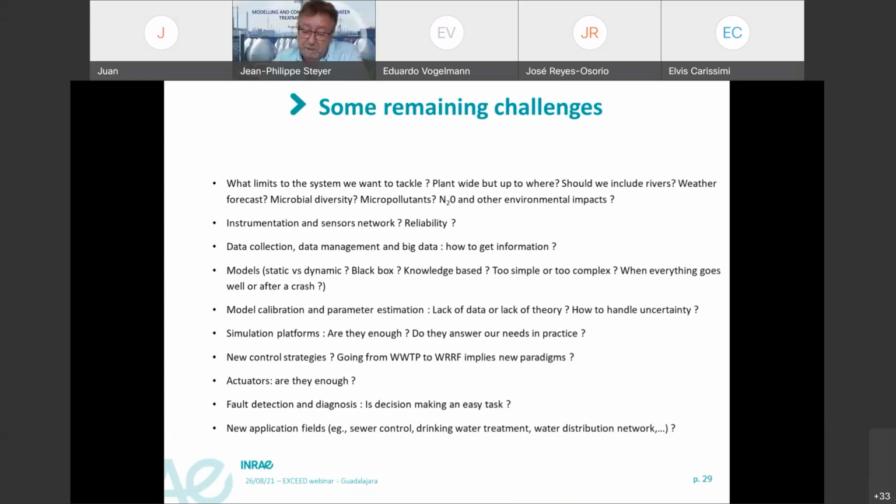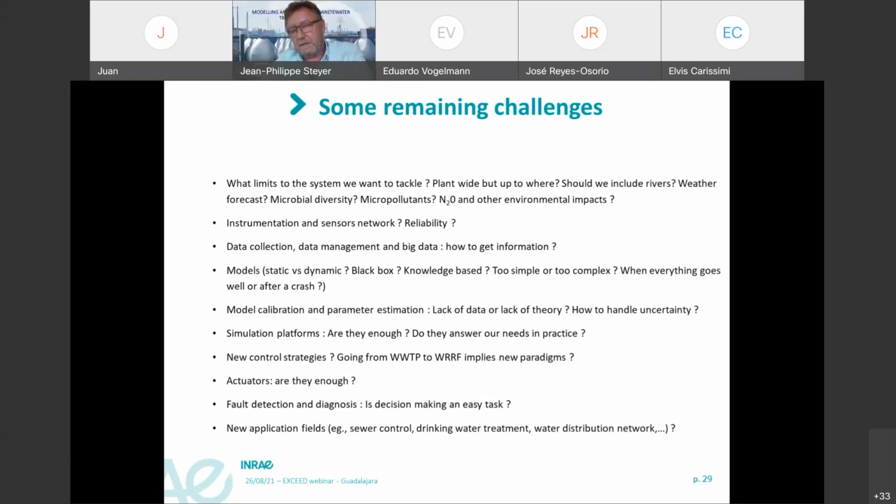An important point is sometimes we design models where everything goes well. If you compare this to a car, it's like designing the GPS of a car to tell you where to go. The problem is when you have an accident, what is very useful is how to rebuild the car, to use it afterwards.